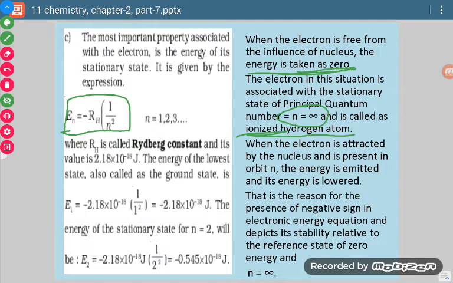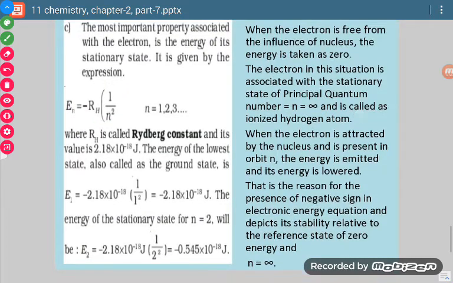If I write H positive, it means the electron from the hydrogen atom has gone. It has left the atom and is not under the influence of the nucleus, so at that time its energy is taken as 0. Now when the electron is attracted by the nucleus and is present in orbit n, energy is emitted and its energy is lowered. This is the reason why we have kept the negative sign in the electronic energy equation. So it is related with stability.